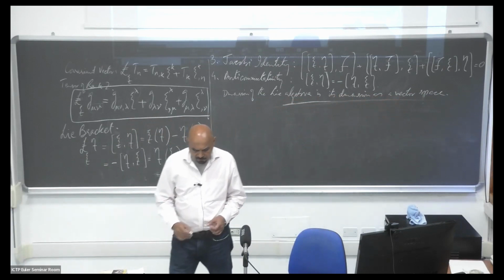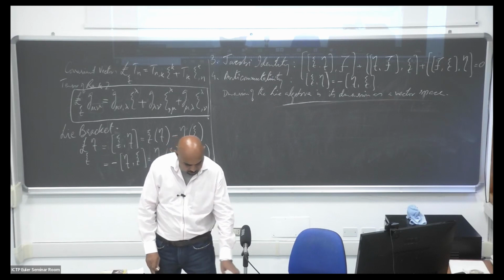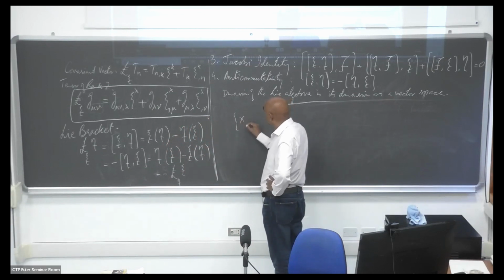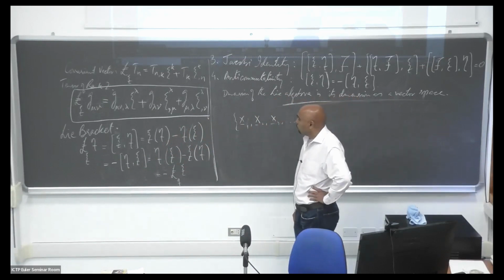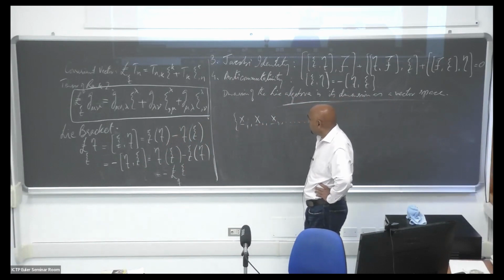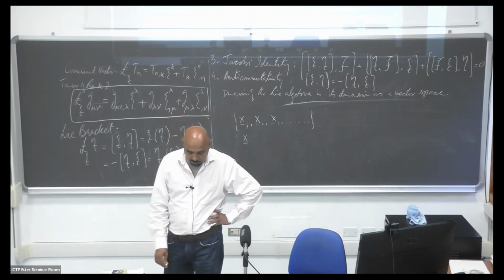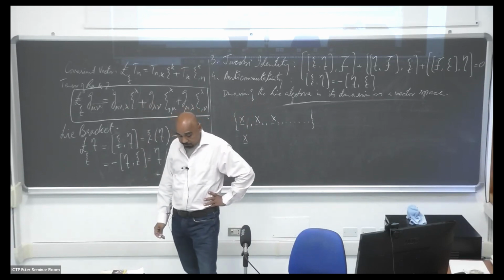So if we have, for example, a set of vectors x1, x2, x3, and so on, and if this forms a Lie algebra, I will show you with the help of examples that in the case of the solution of PDEs, from these solutions we will get the set of generators.